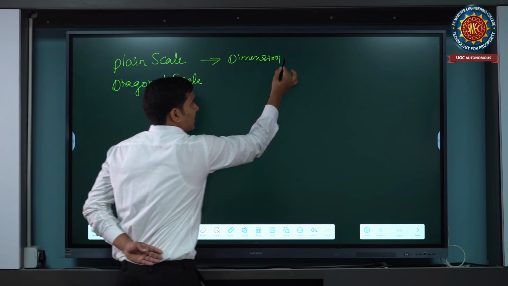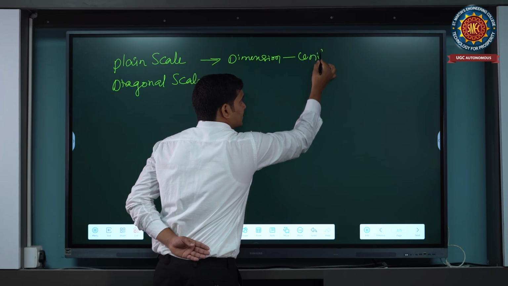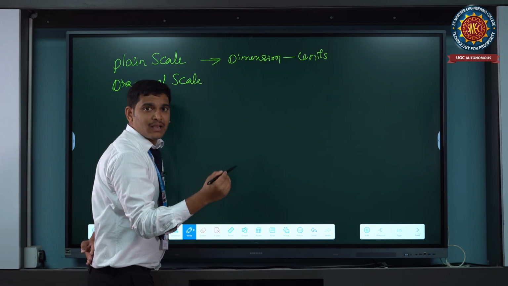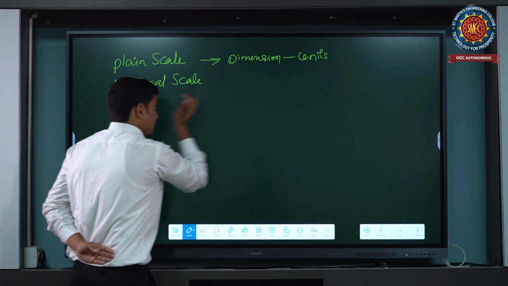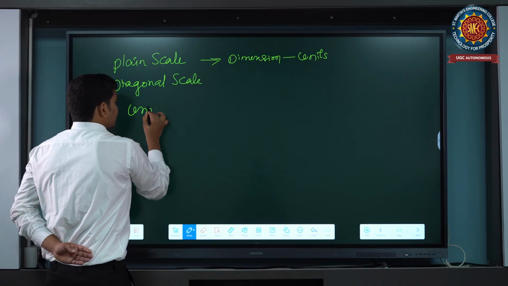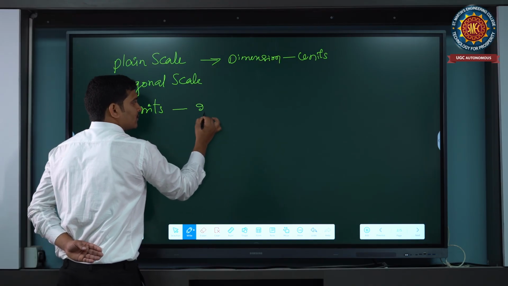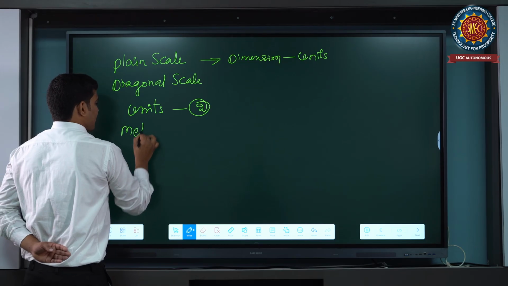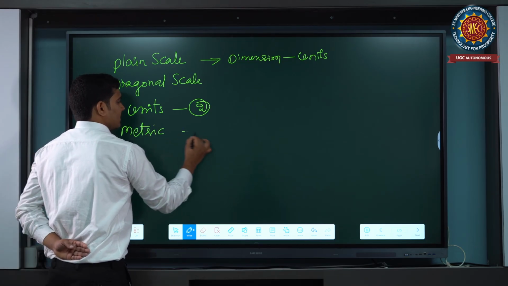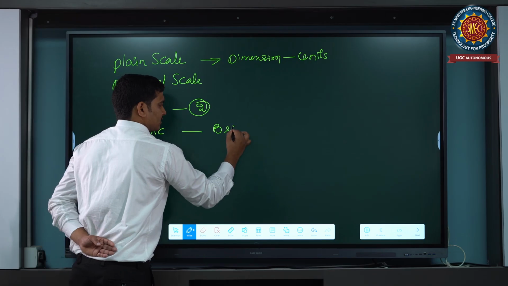Dimensions, like units, means having units with MKS and some other systems of units. These units are divided into two types. The first one is metric, and the second one is British.